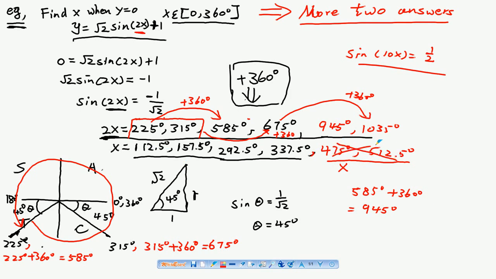There is a systematic way to find how many answers there are, but I don't want to make up new mathematical rules, as it would just confuse you more. So in year 11, if they ask a question like sine of bracket something times x, just do it this way.